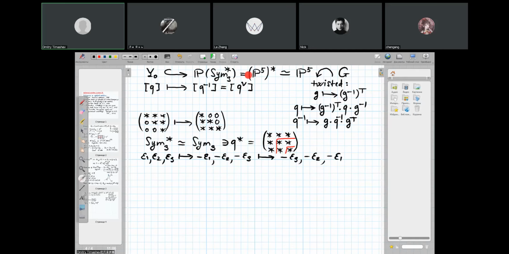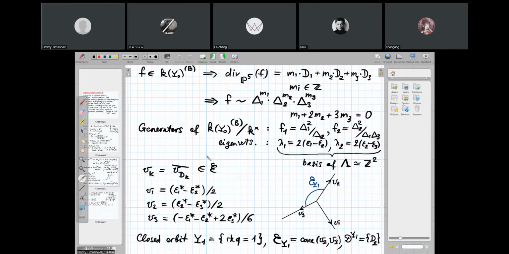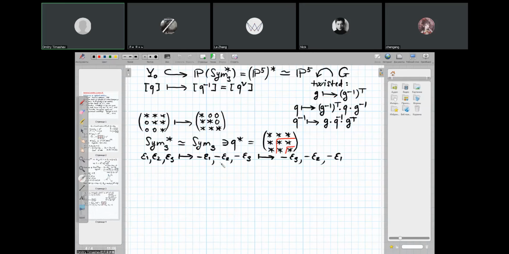So if we identify this dual compactification, this dual projective space, with the initial one, with the twisted action of G, and consider the embedding of Y naught under this twisted action, then all weights will transform in this way. In particular, the vectors which we introduced here, v1, v2, and v3, will transform to the following vectors. So v1 and v2 will be interchanged.